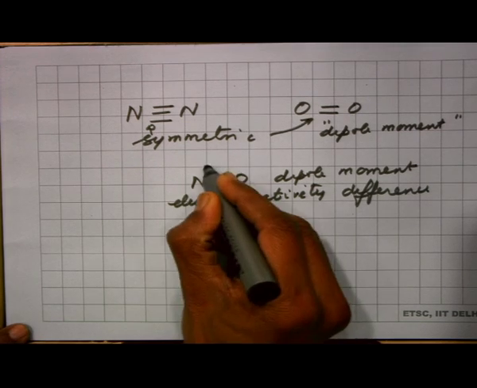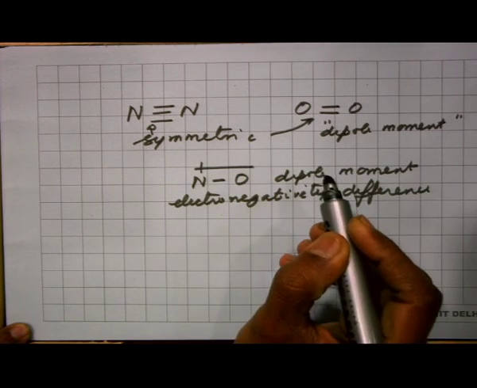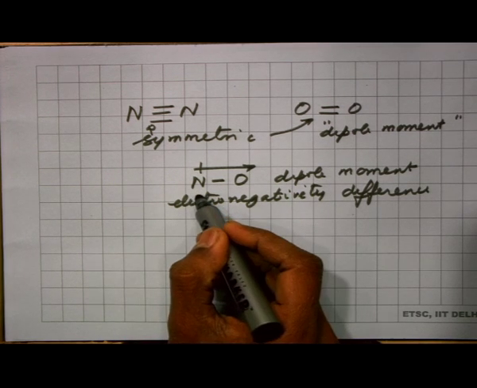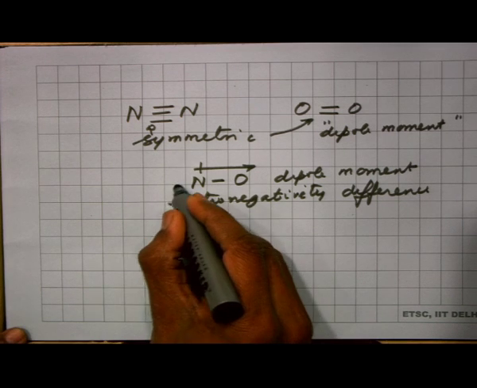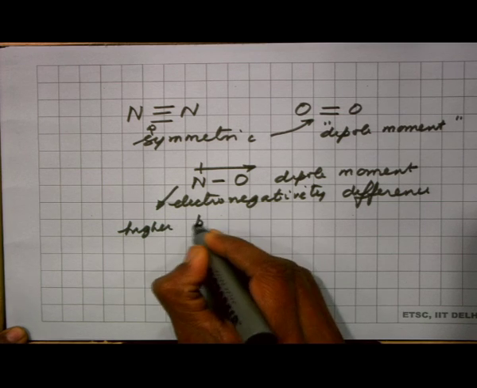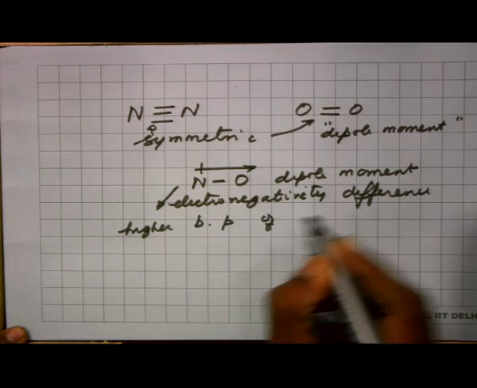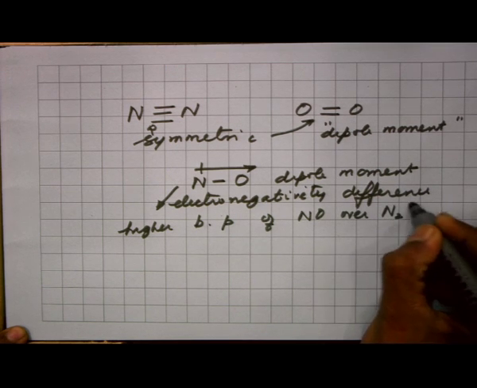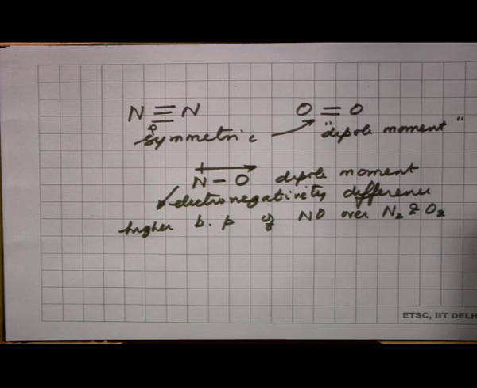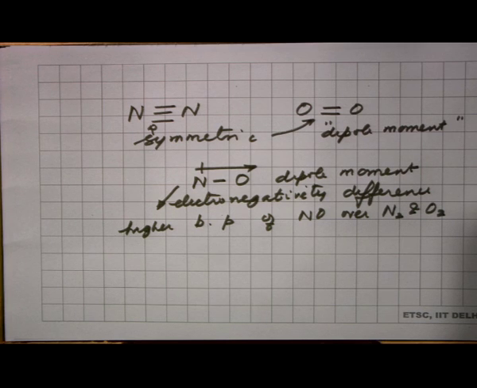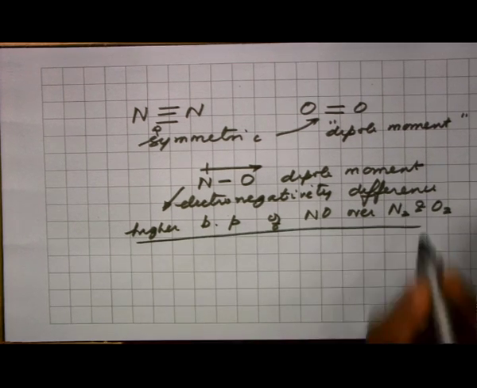So, there is a dipole moment, and this dipole moment is what leads to the higher boiling point. So, what is it that this dipole in NO which causes this to happen?